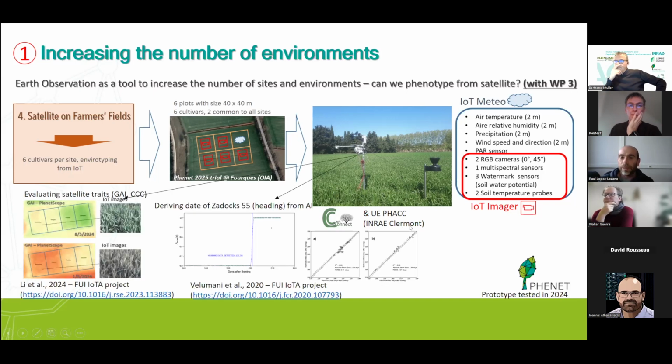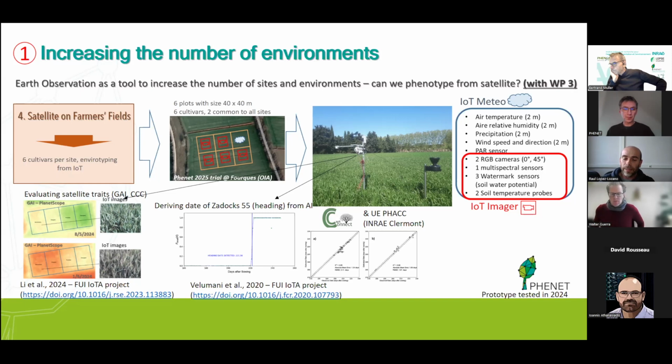Especially with the RGB, of course, the weather data is valuable per se, but also from the RGB cameras we expect to cross-compare the traits measured by the camera with the estimations of some traits by satellite imagery, deriving some phenological dates.